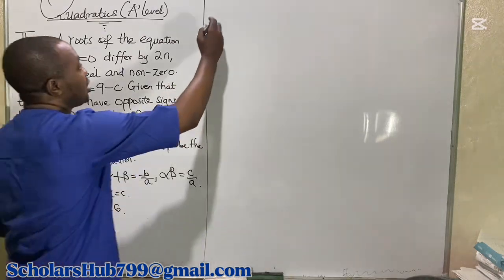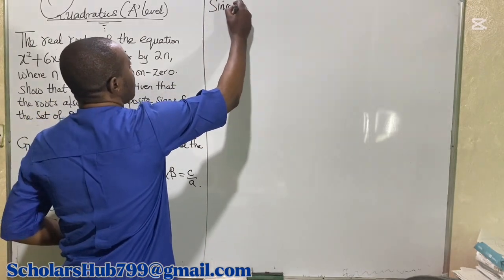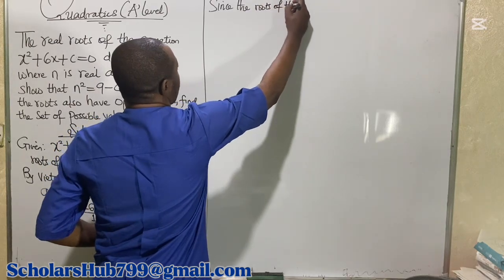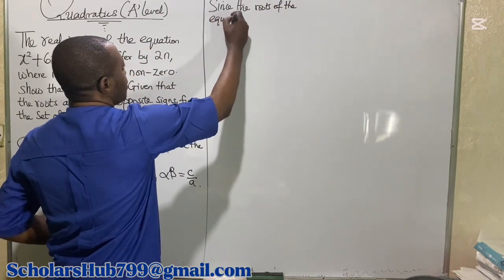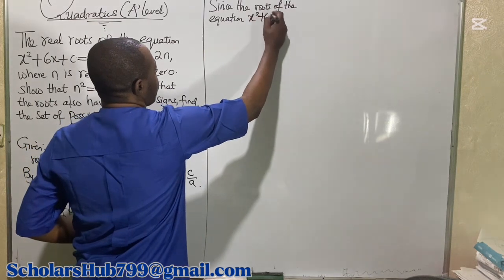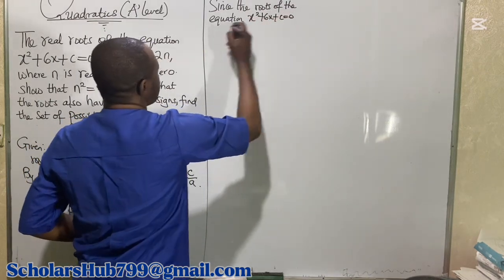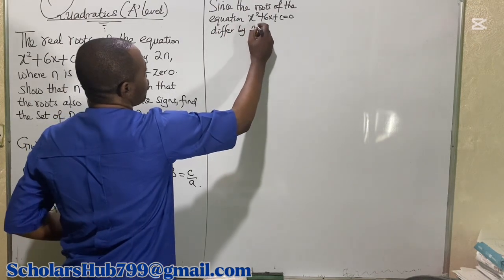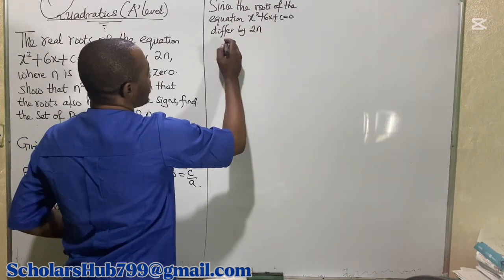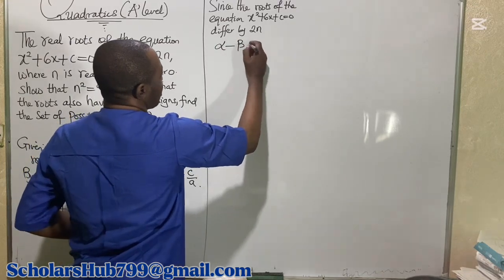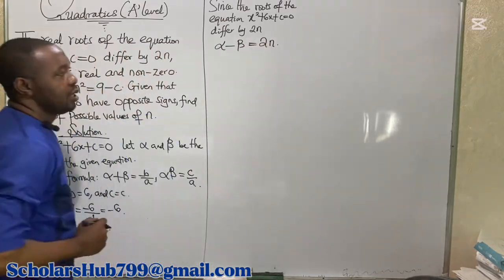So since the roots of the equation x squared plus 6x plus c equals 0 differ by 2n, we're going to have alpha minus beta equals 2n.